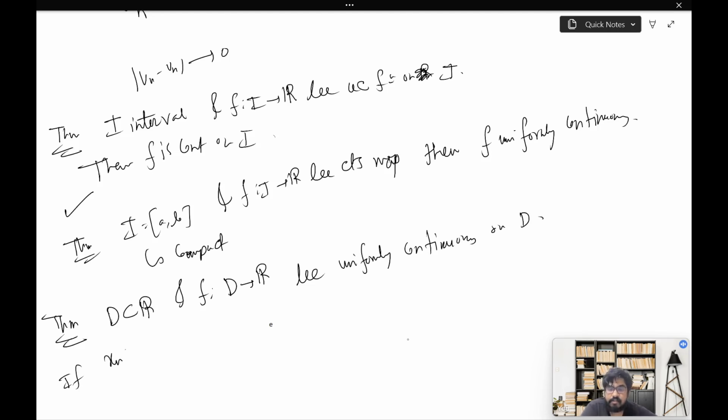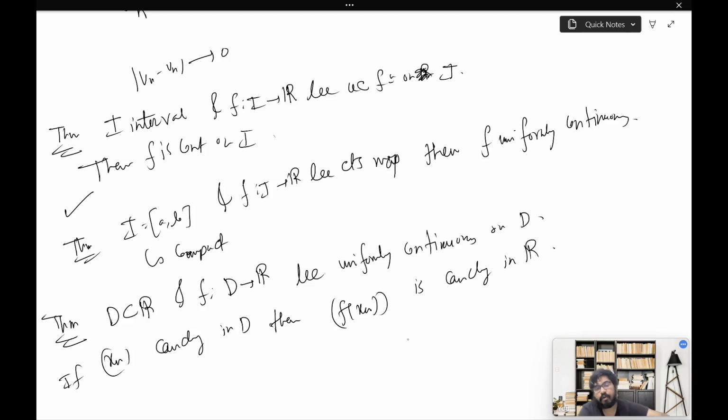Then this theorem tells that f of a Cauchy sequence in D is Cauchy in R.